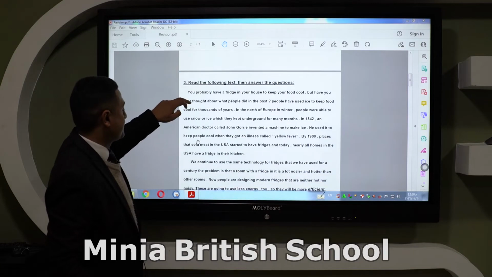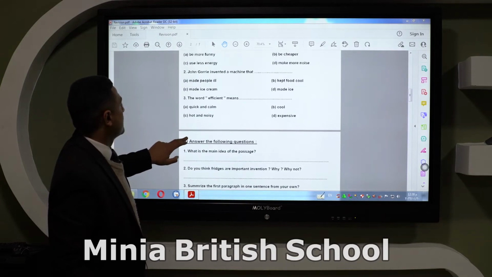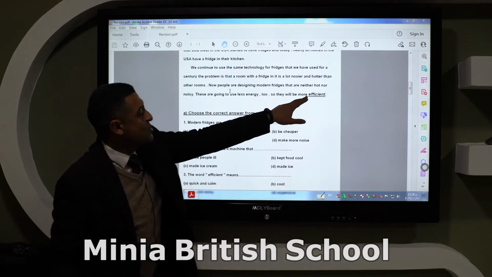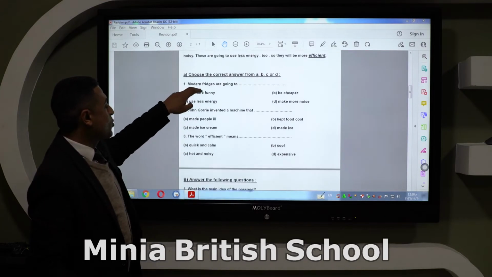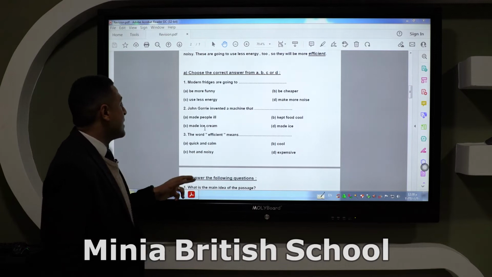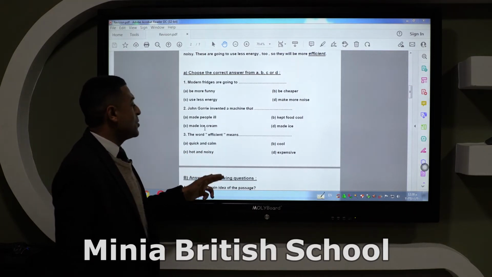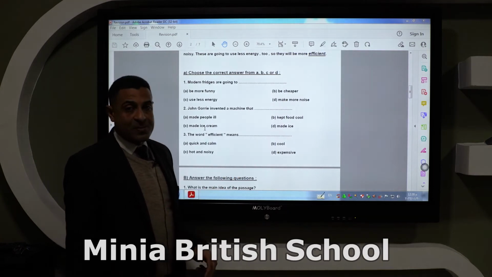So here, the word efficient, we have an underlined word which is efficient. The word efficient means quick and calm, cool, hot and noisy, or expensive.